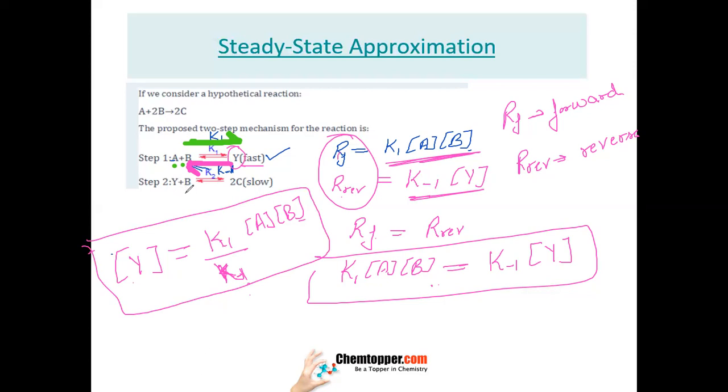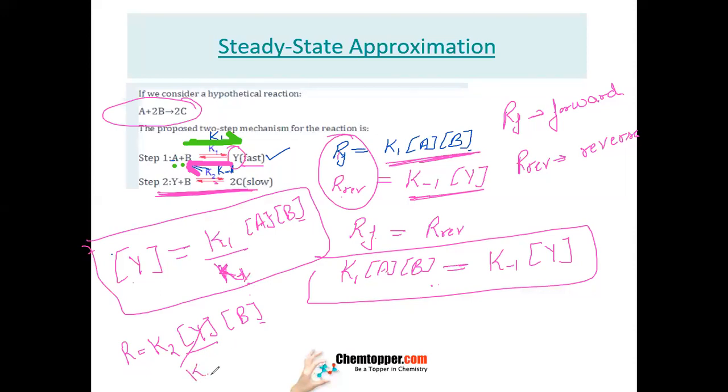Now what's the rate law? Rate law is determined from this step. Rate law is K2, the second step, K2 times the concentration of Y times the concentration of B. I said you cannot take the rate law in terms of Y. Y is the intermediate, not a reactant of the overall reaction. So I'll replace this Y by this expression.